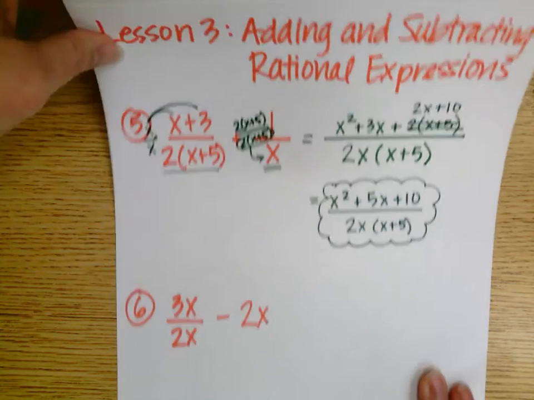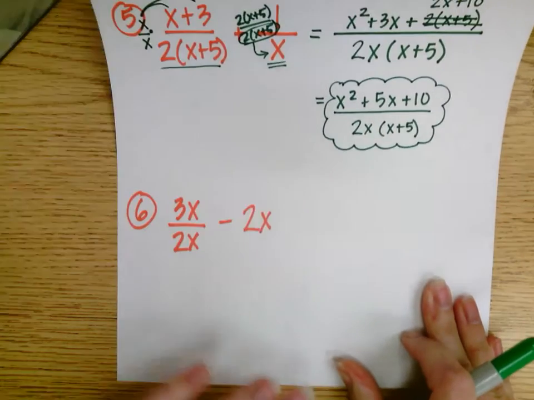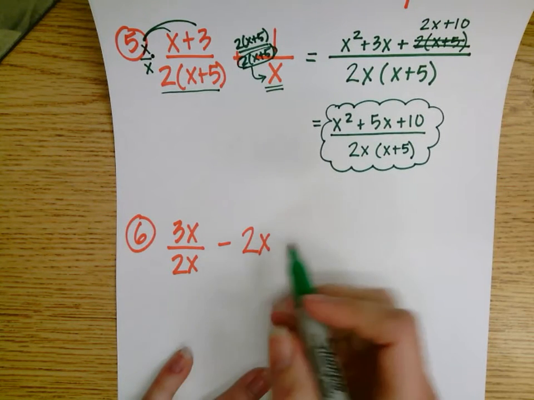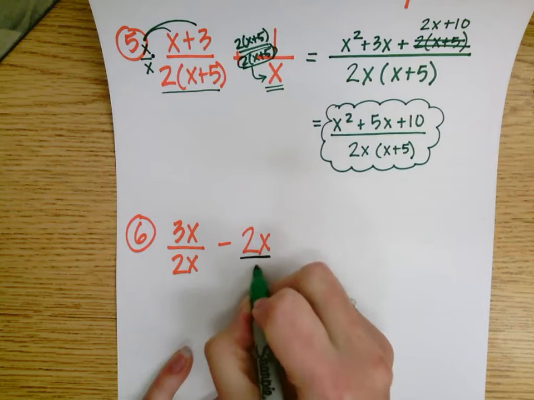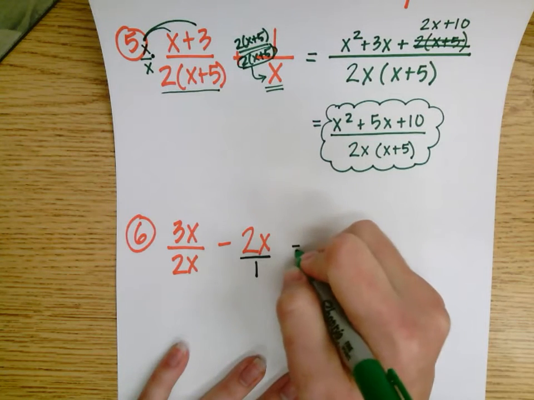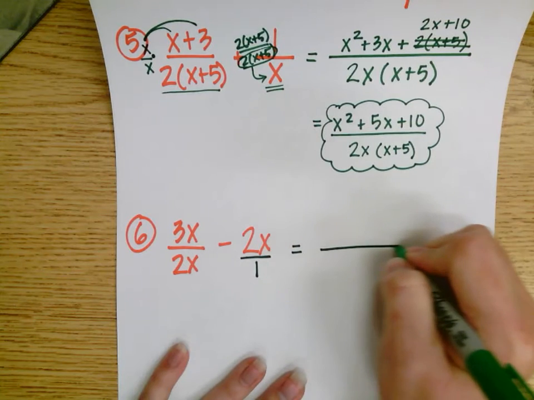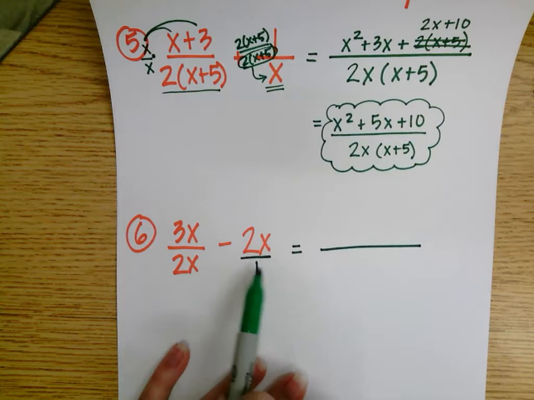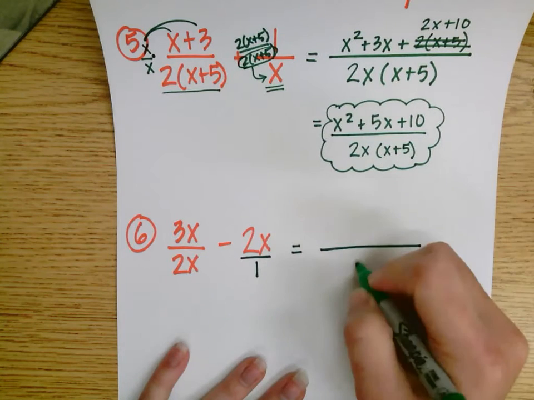Alright, let's look at problem number 6. Now this one is a little bit different. This one does not have a denominator here, so I'm going to have to think of its denominator as 1. So I'm going to come up with a common denominator. A common denominator will have denominators from both parts, but really I don't need this 1 to be here. I really just need a common denominator of 2x.